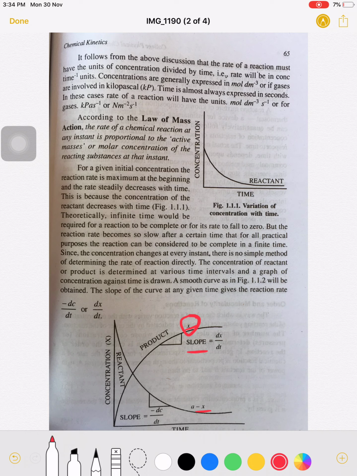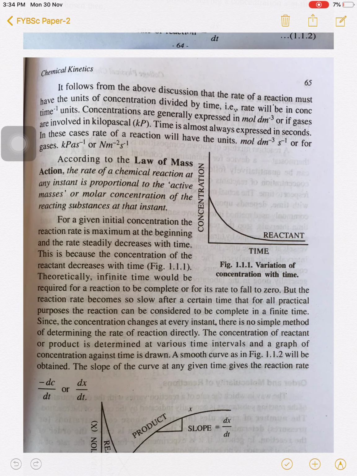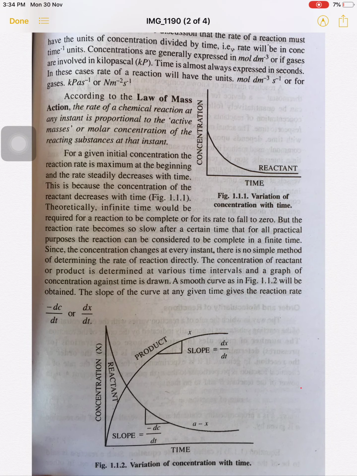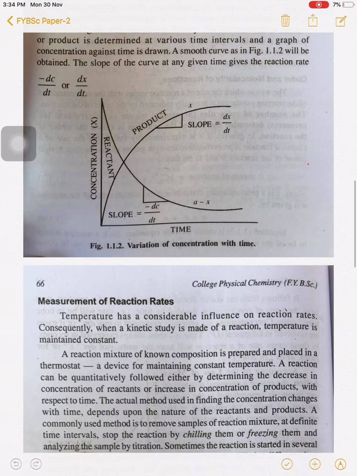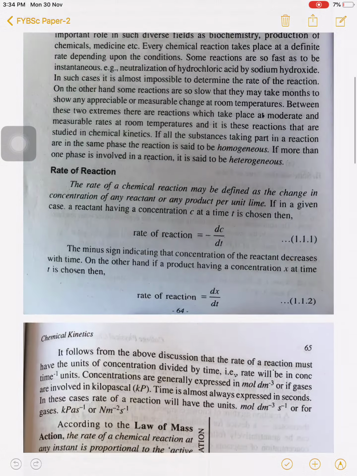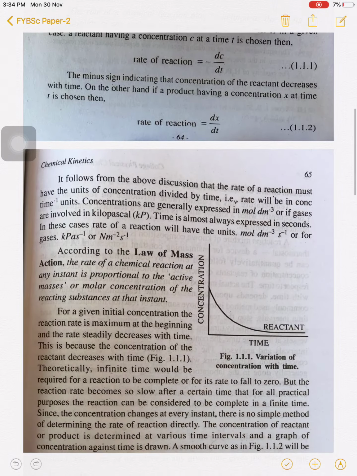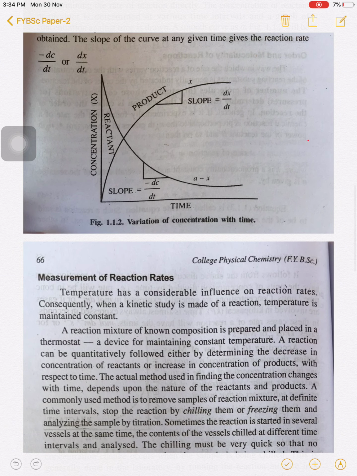So the slope for the product is dx by dt, and the slope for the reactant is minus dc by dt, for calculating the change in concentration with respect to time. So this is the basic idea of what is meant by rate of reaction, and how the concentration of reactant and product changes.